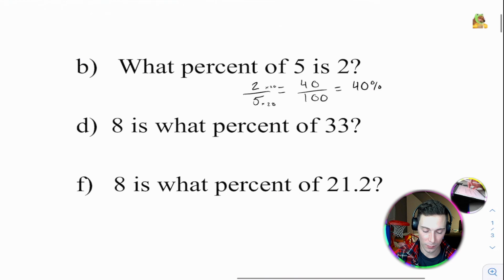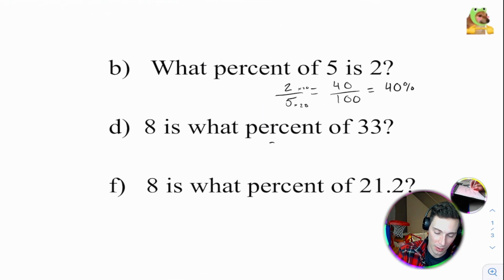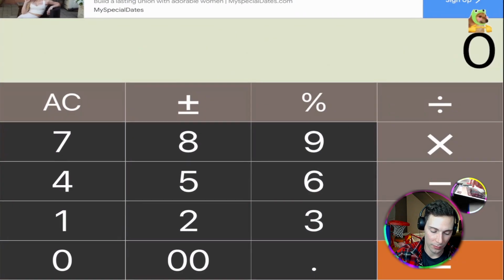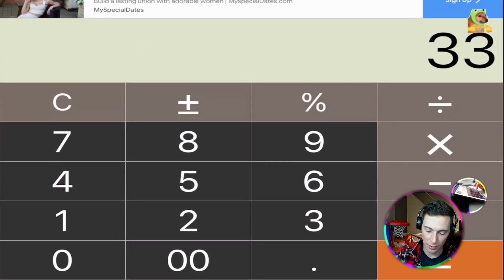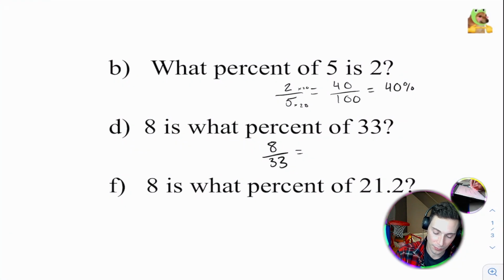1D. 8 is what percent of 33? Again, there's my "is" statement. 8 over 33. If we do our division, 8 divided by 33, that's going to be 0.24, so 24%. 0.24 in decimal.